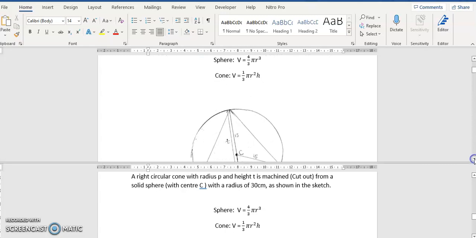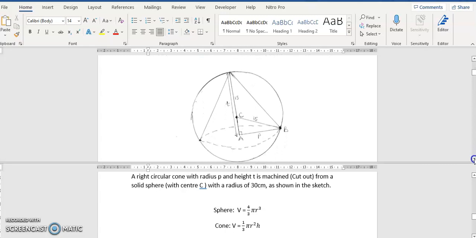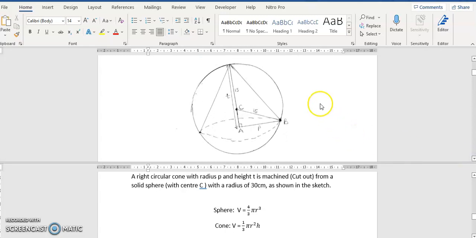Now this is what they are talking about. We have a sphere. A sphere is like a ball, has a spherical shape. So this sphere, they use a machine to create a cone out from it. So this is the cone.